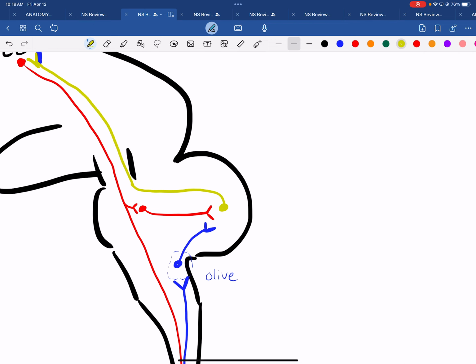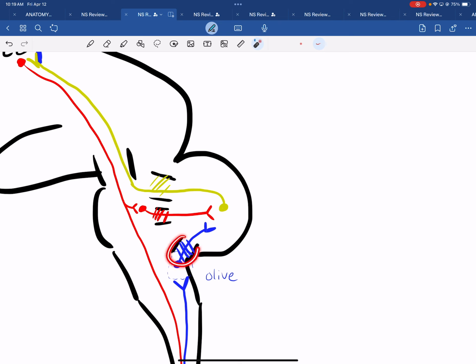But we know the names of these structures. Like that one versus that one versus that one. Here, let's make it more obvious. It's like that one versus that one versus this one.